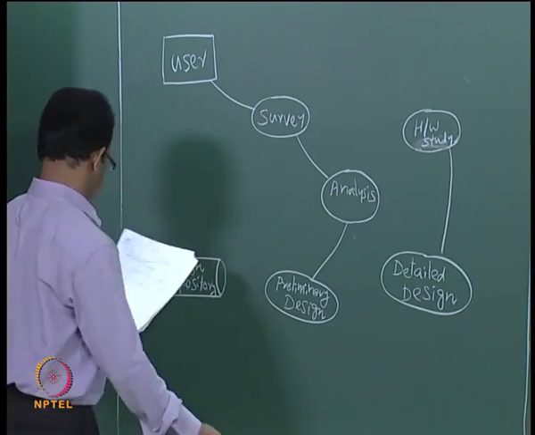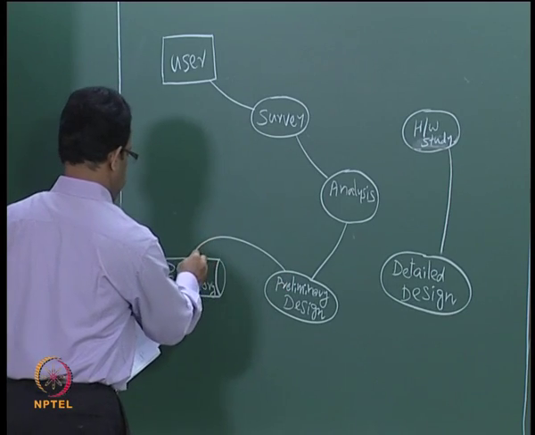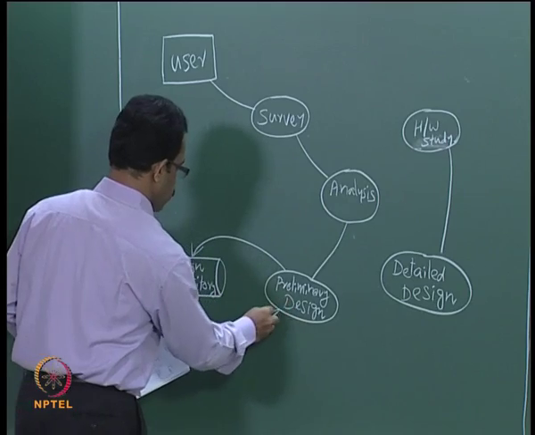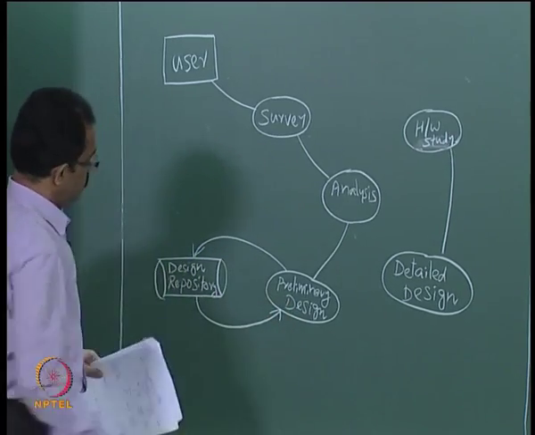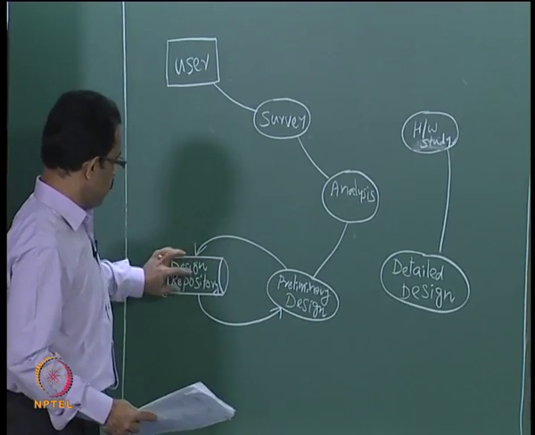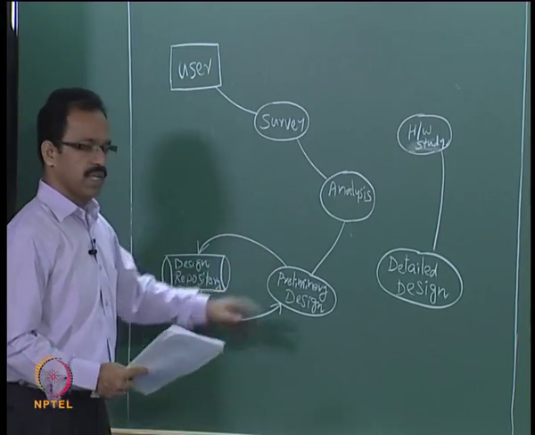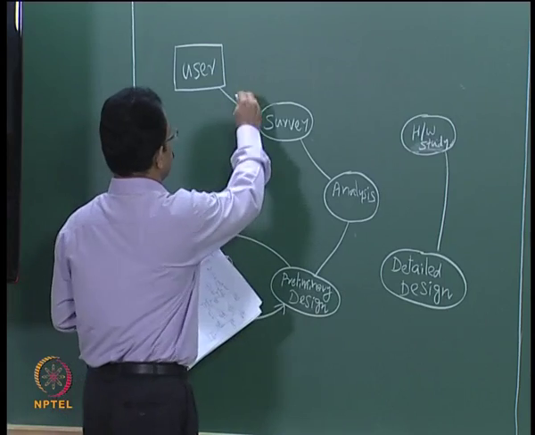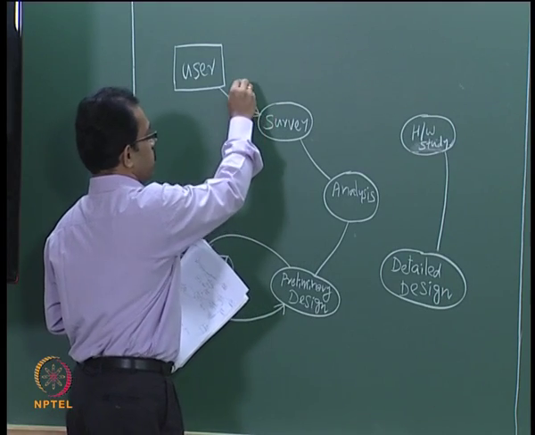There will be a data flow from here to here. If you make a new design, it will go into the database. If you want to take some existing design, you will take it from the database and use it.